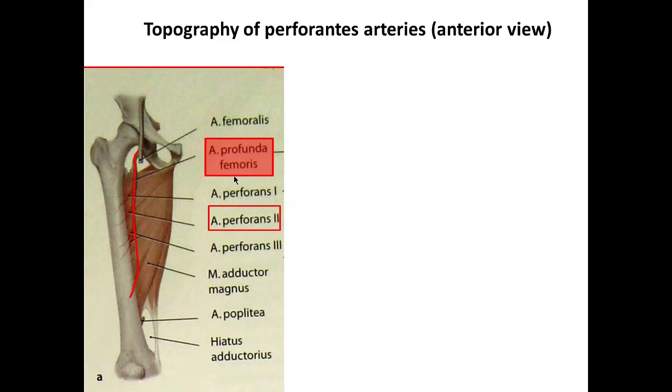I use this red square for designating arteria profunda femoris. Here it is.